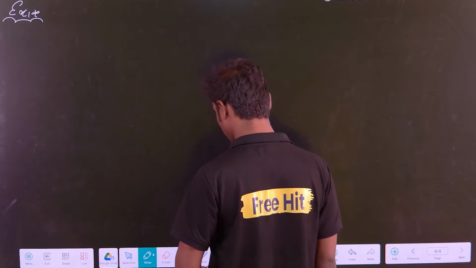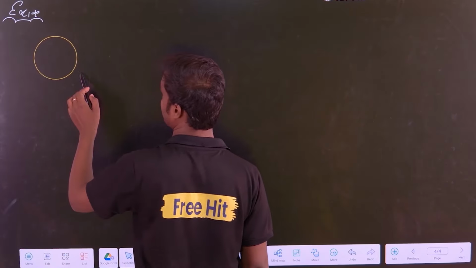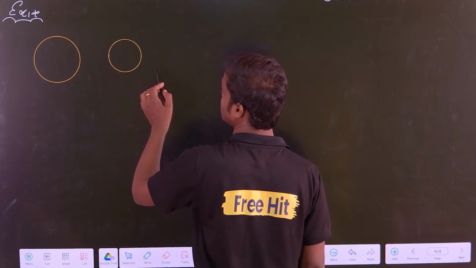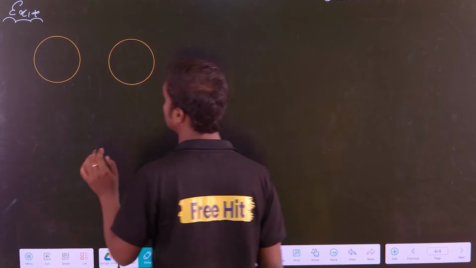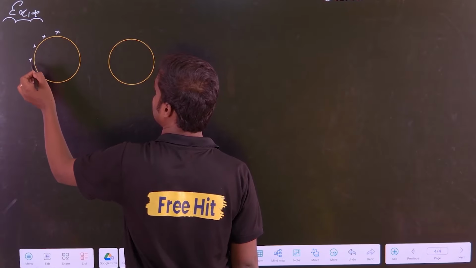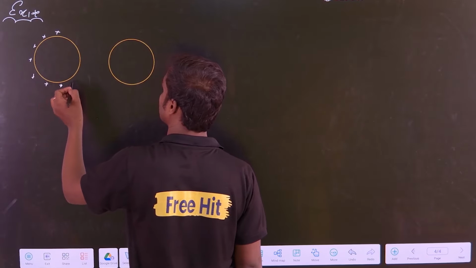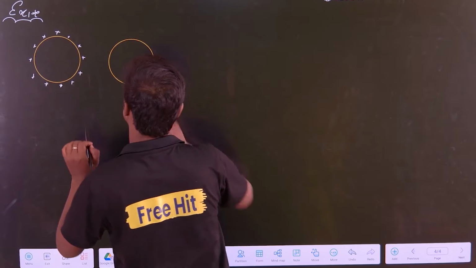Let us see. They first took one conductor. Then they took another conductor, same size, everything the same, similar conductors. On this conductor a positive charge is given, correct? And this one is neutral.